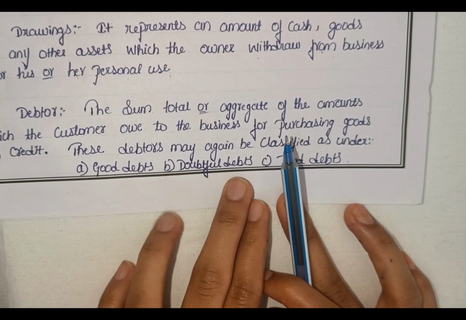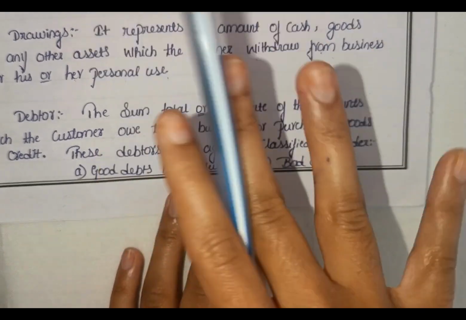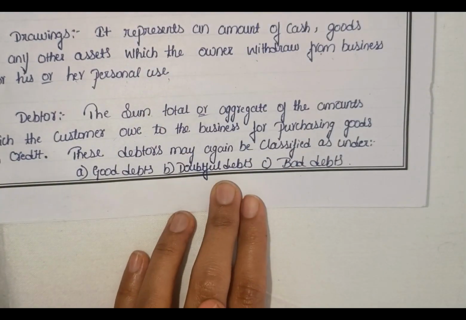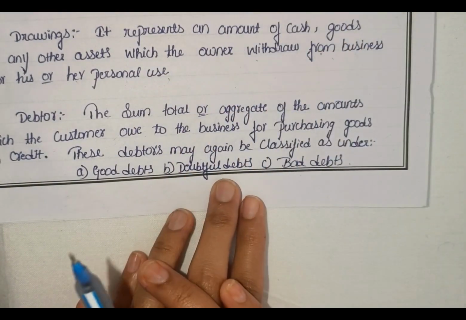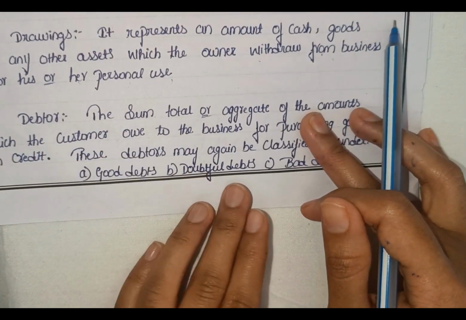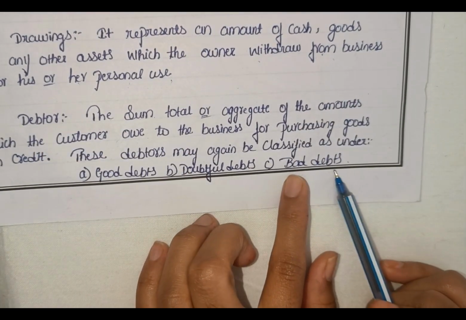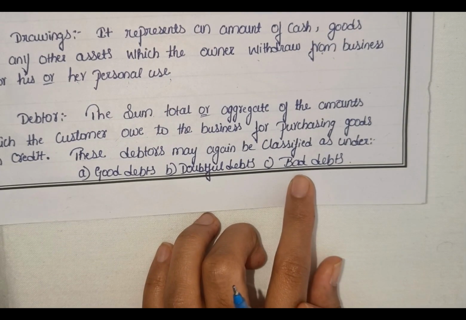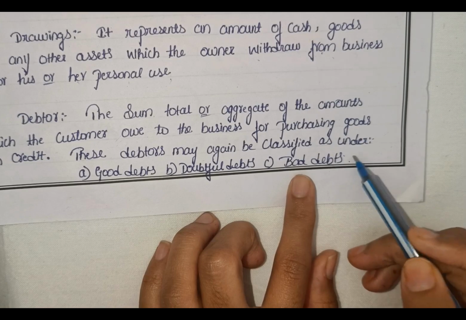Doubtful debt means it is doubtful whether they will clear their debt or not; it may or may not be. Bad debt means he or she has not cleared the debt. It is always a loss to the company.